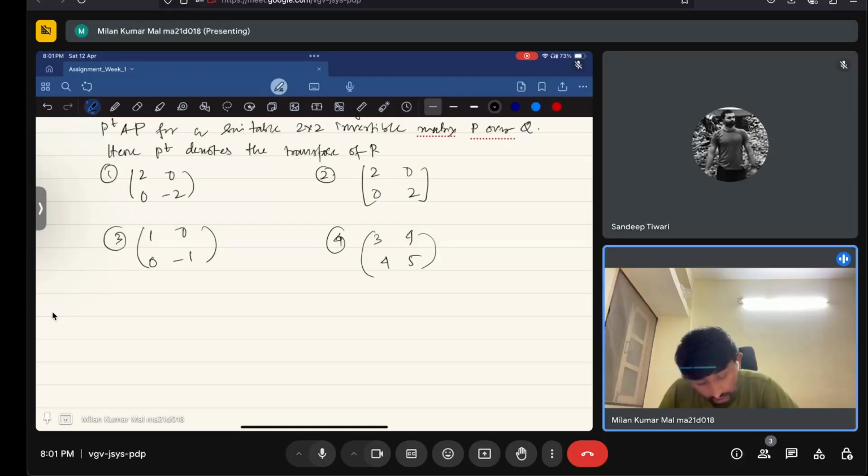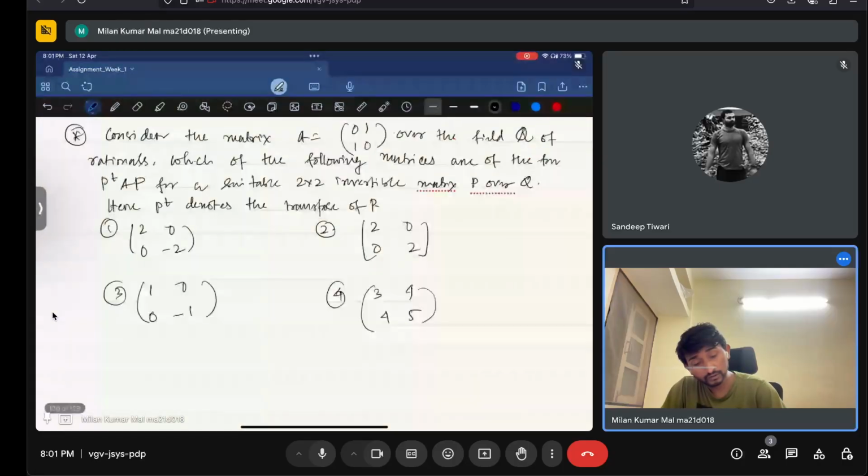Which of the following matrices are of the form P transpose AP for a suitable 2 by 2 invertible matrix P over Q, where A is the matrix given, 0, 1, 1, 0, over the rationals?